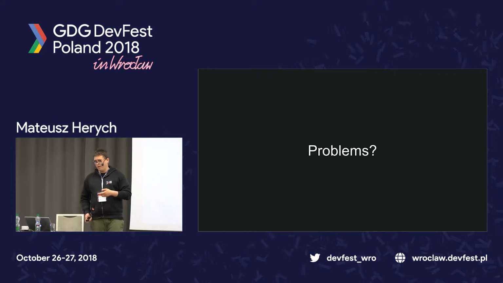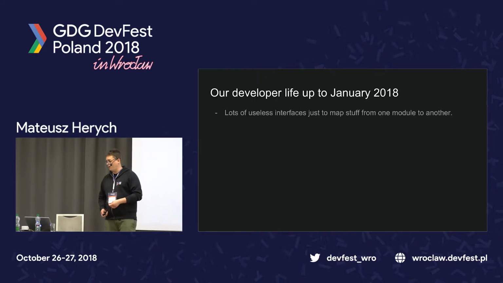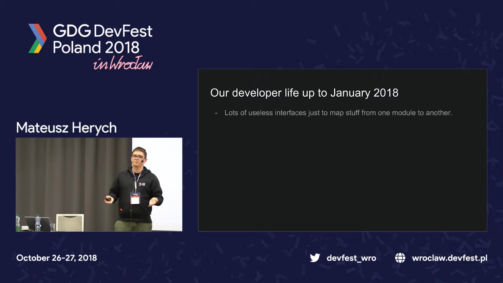So, but what are the problems with it? What were our problems? If you are working with a similar structure, it might happen that those problems don't apply to you. But they definitely did apply for us. So lots of useless interfaces just map stuff from one module to the other. Yeah, so the structure of the dependencies was that the app module was depending on the data module and on the core module, it was basically combining all the stuff together.